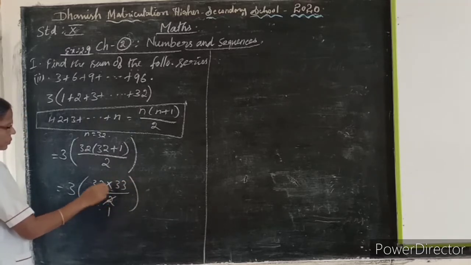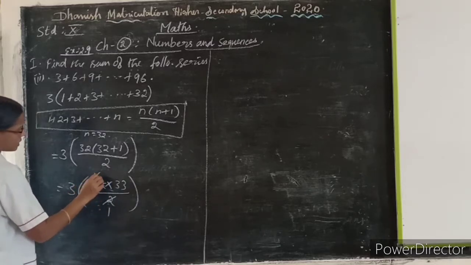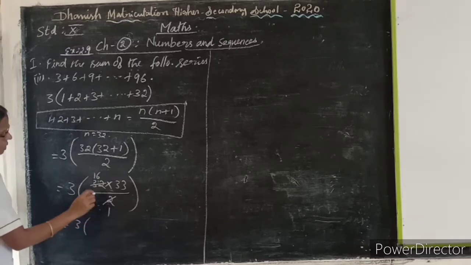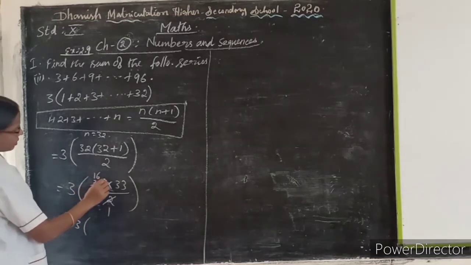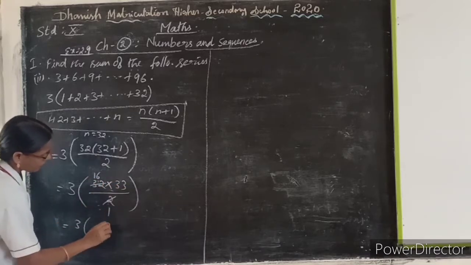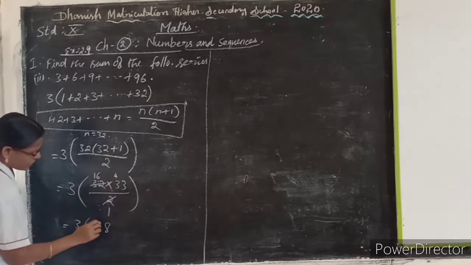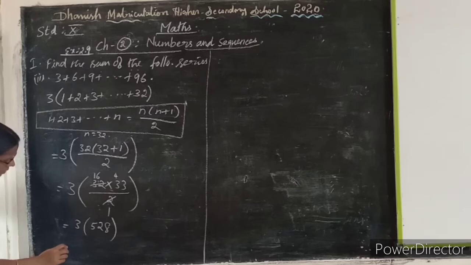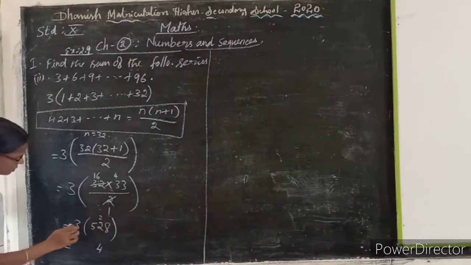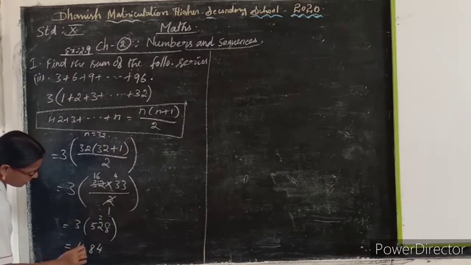Cancel by 2: 2 sixteens are 32, balance 16. So 3 into 16 into 33. 3 sixteens are 48. Balance 4: 3 sixteens are 48 plus 4, 52. 52 into 3: 3 twos are 6, 3 fives are 15.